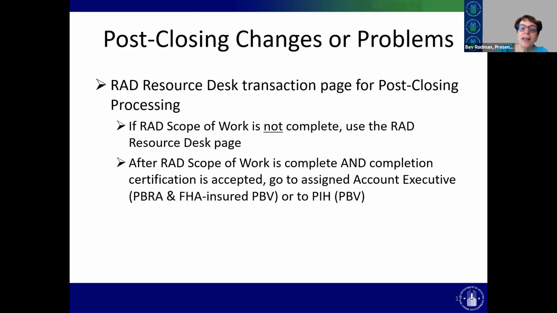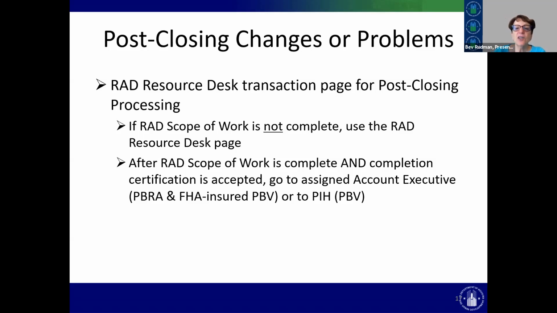But any kind of problem you have, or you realize there's an easement on the property, or there's something going on post-closing, we kind of look at it in a few different ways. One is, were there errors at the closing?